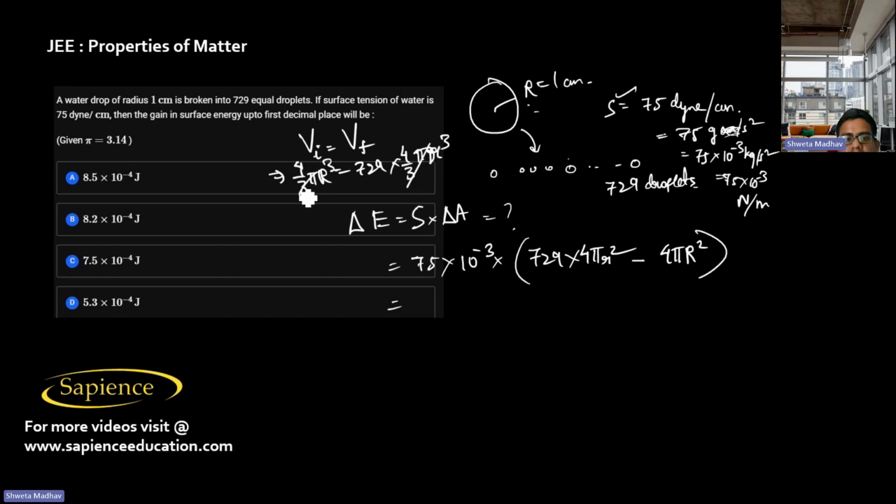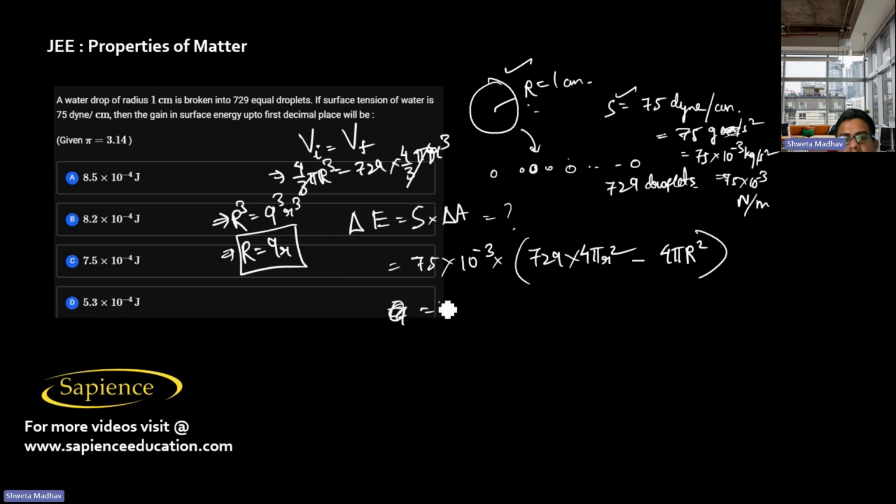So 4 by 3 pi will cancel. So R cube is equal to 729 r cube, means 9 cube into r cube. Means R is equal to 9r, the radius of the large drop is 9 times the radius of each small droplet.